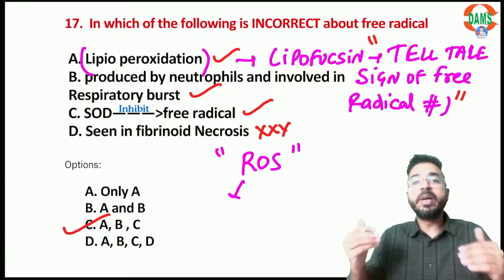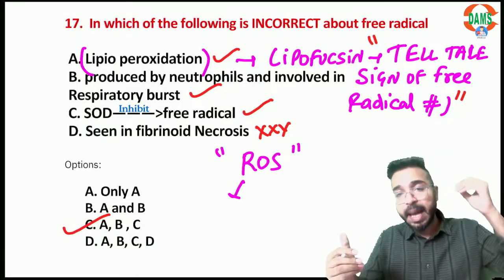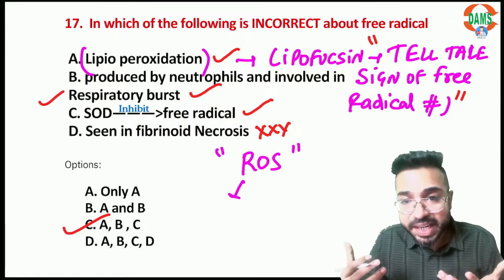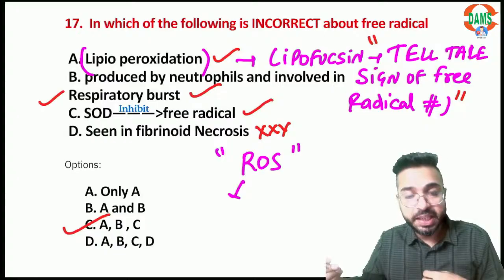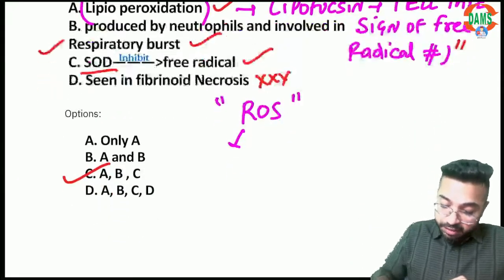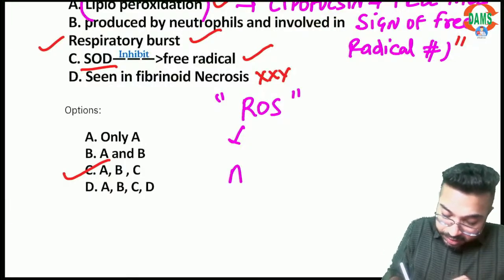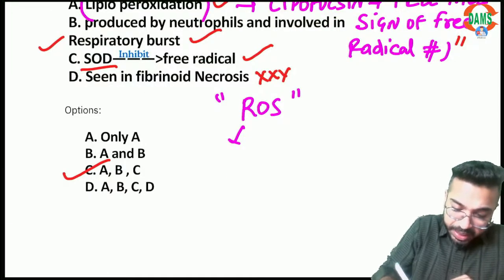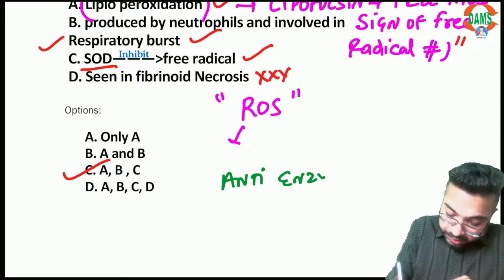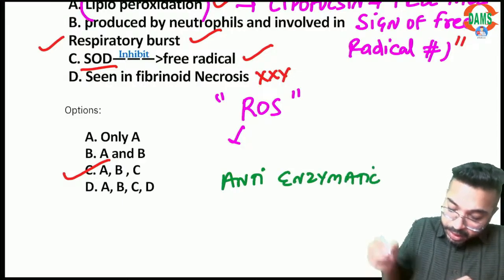Straight question. Produced by neutrophils and involved in respiratory burst. Absolutely, in respiratory burst there is release of free radicals, which cause damage to the bacteria. Superoxide dismutase absolutely inhibits free radicals. We studied there are three enzymatic antioxidants. I hope you remember this from back to basics. What was the mnemonic, guys?